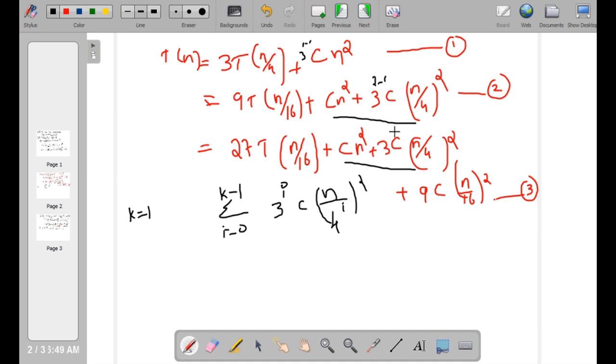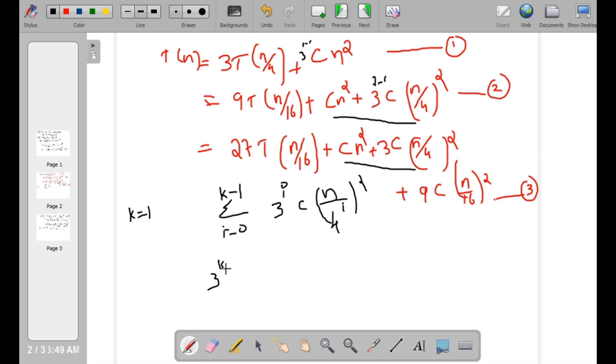So this part I can write like this, and this part I can write as 27. Equation number is 3, it is 27, so 27 is nothing but 3 raised to 3. So it is 3 raised to k.